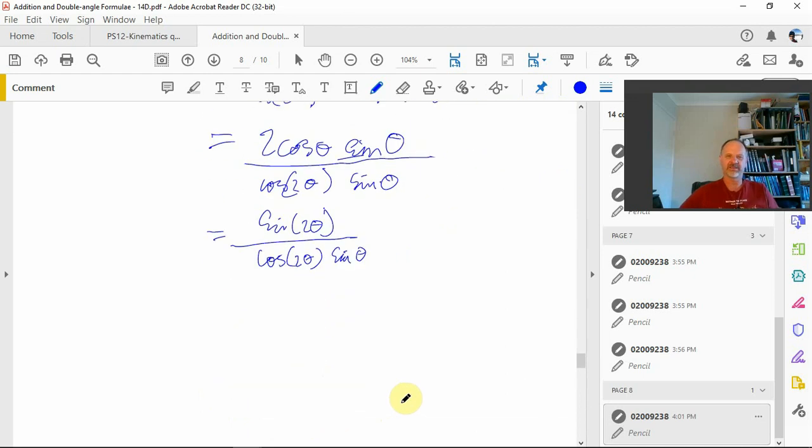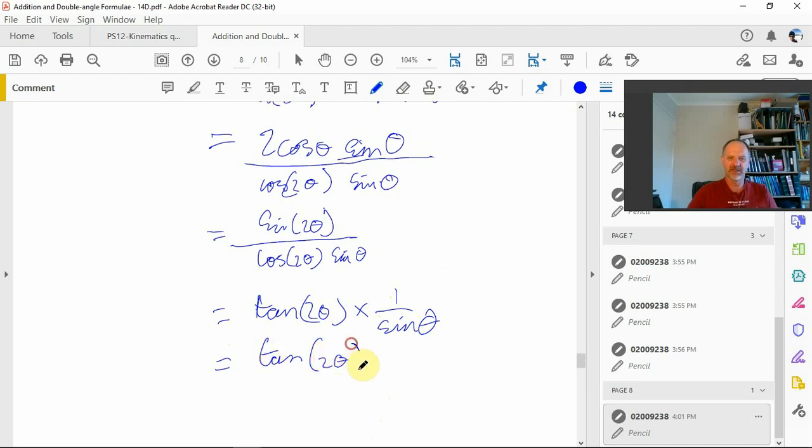All right, now as I said, the sine over cos is tan, so that's tan 2 theta times, now the sine's on 1 on sine. Now 1 on sine, that's the reciprocal, which is cosec. All right, so the cosec kind of sorted itself out in the end.